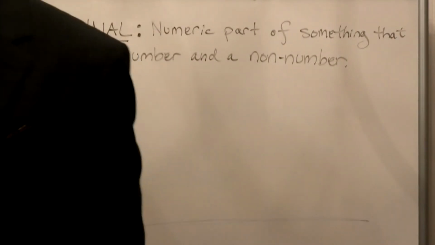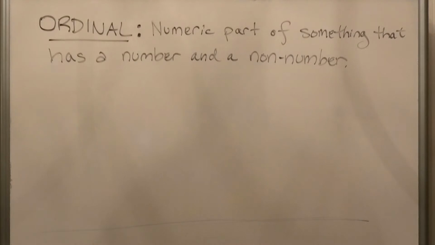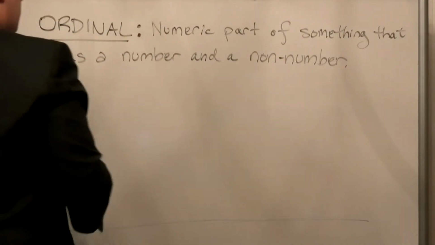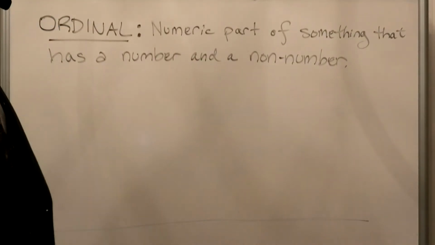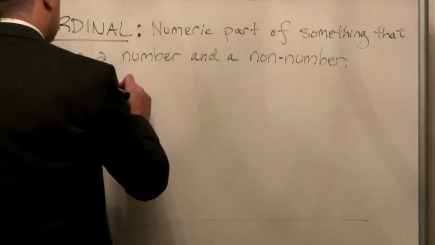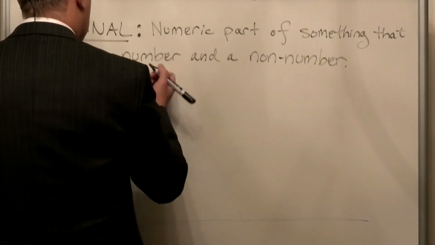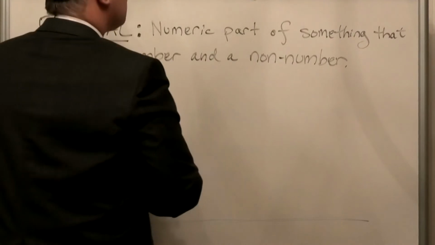Now, of course, if you're a mathematician, everything is numbers. So what does that mean? So I buy a ticket to the theater and I have seat... All right, this marker's not working.